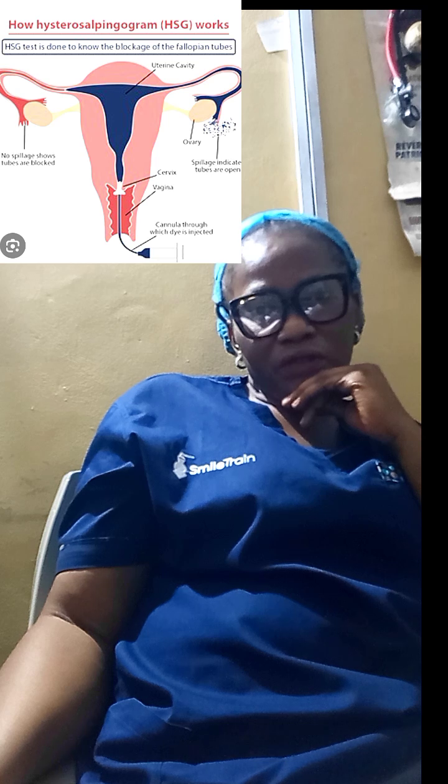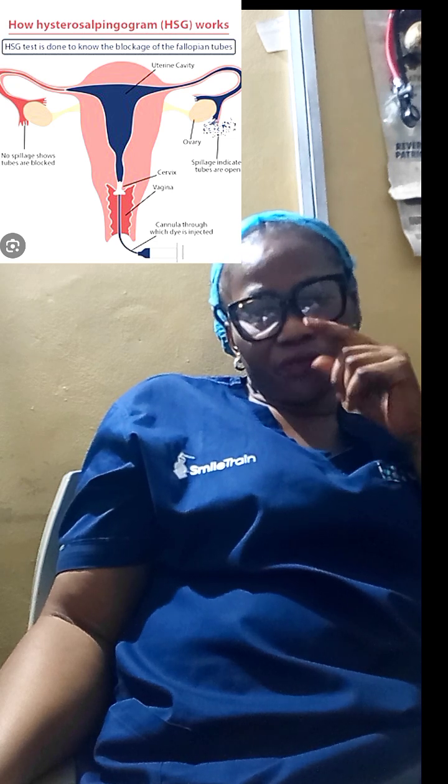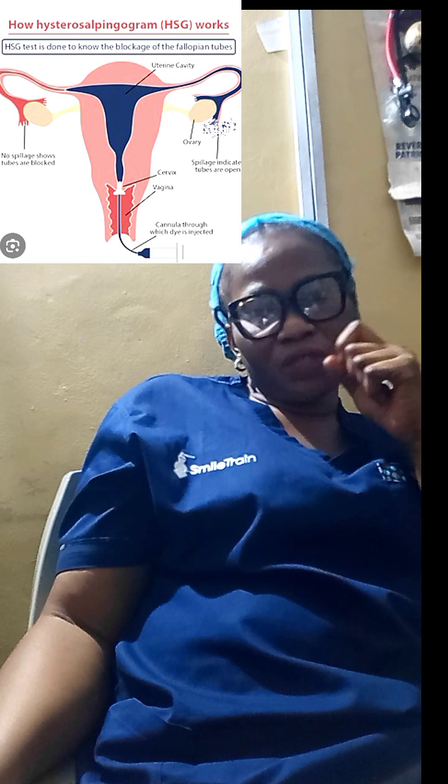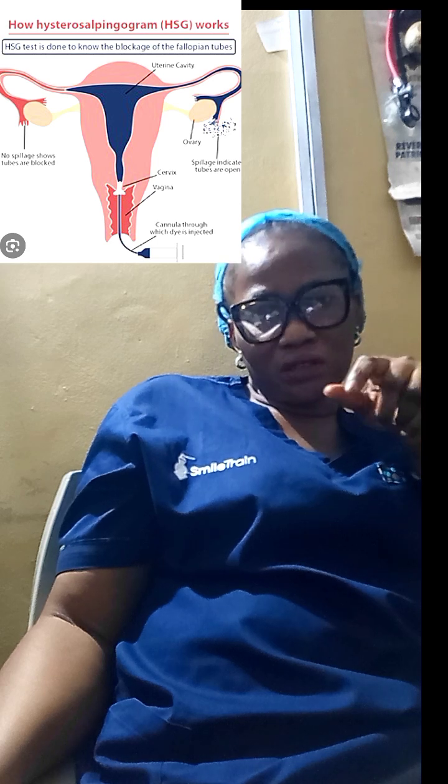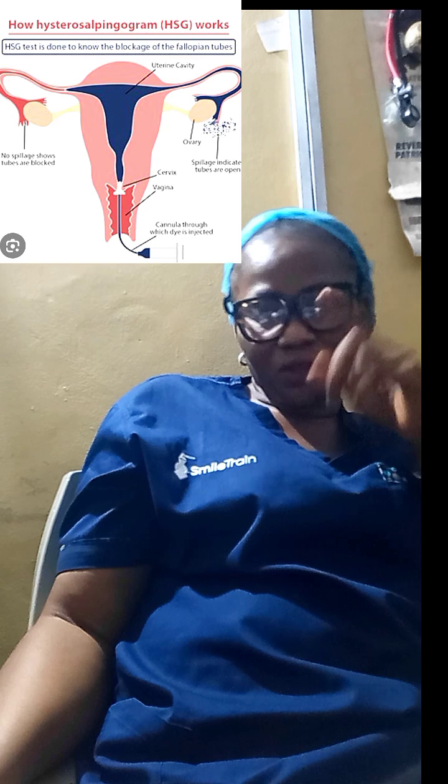miscarriages, you get. And sometimes during the course of this very procedure, when a contrast is being injected, and that contrast is often a dye, it will go through the uterine cavity and spill through the fallopian tubes.